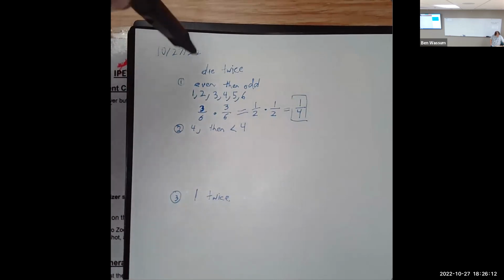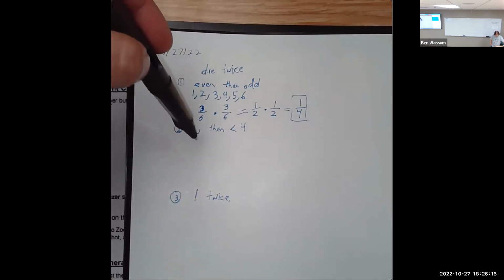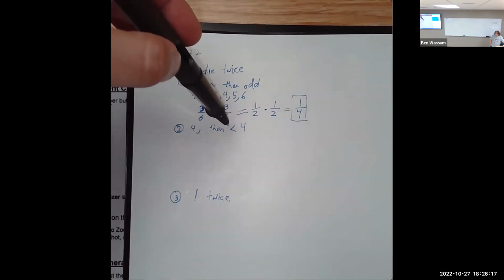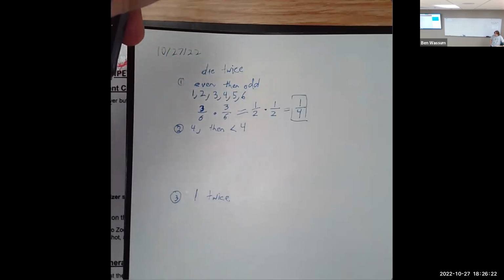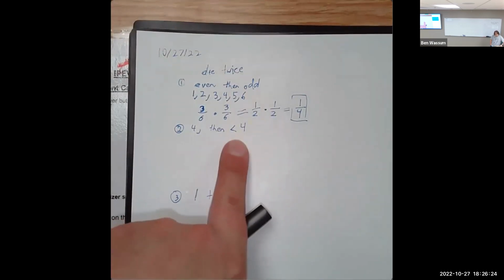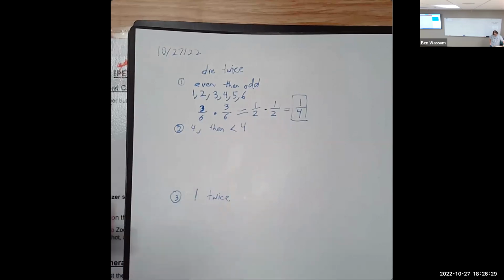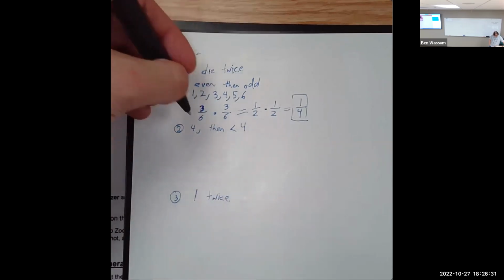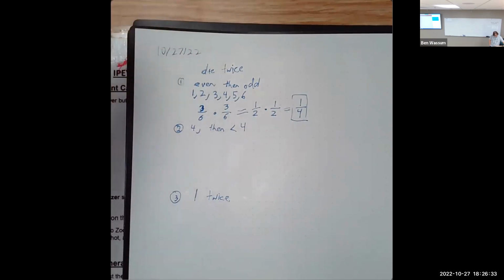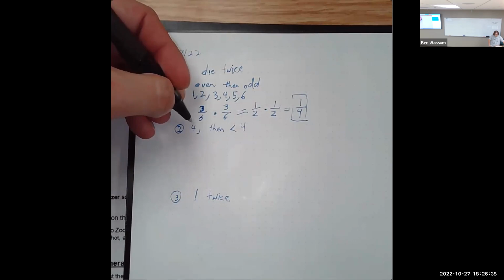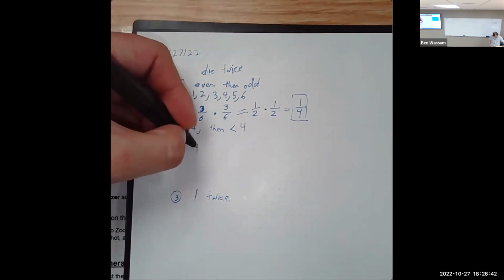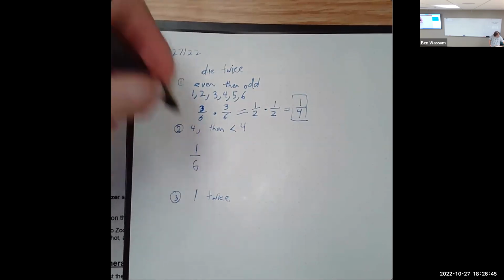So what about the probability that we get a 4 and then a number less than 4? If we roll a 4, what's my chance of rolling a 4? There's only one 4 out of the 6 options.